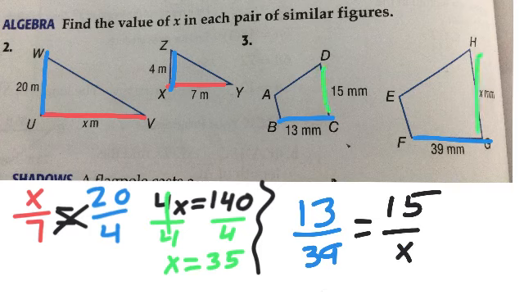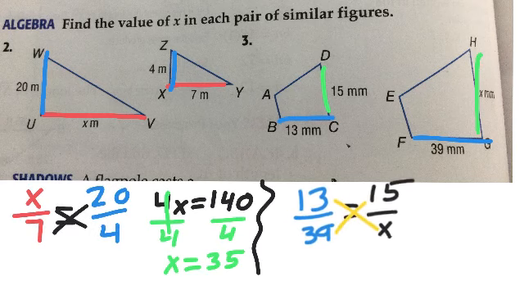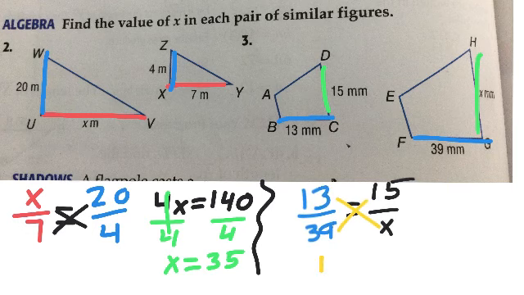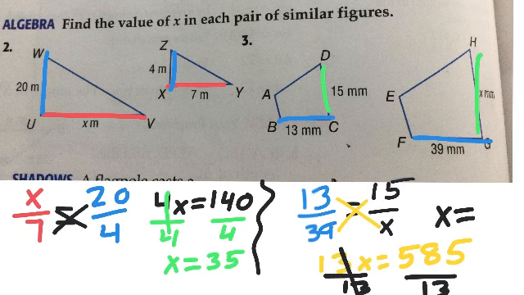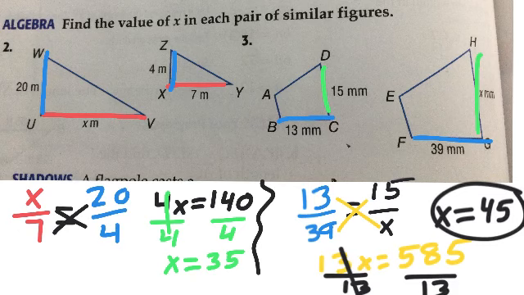And then I cross multiply, is that what you did? Yep, cross multiply. And then 13X and 585. And then I divided those by 13. And then X equals 45. Very good.